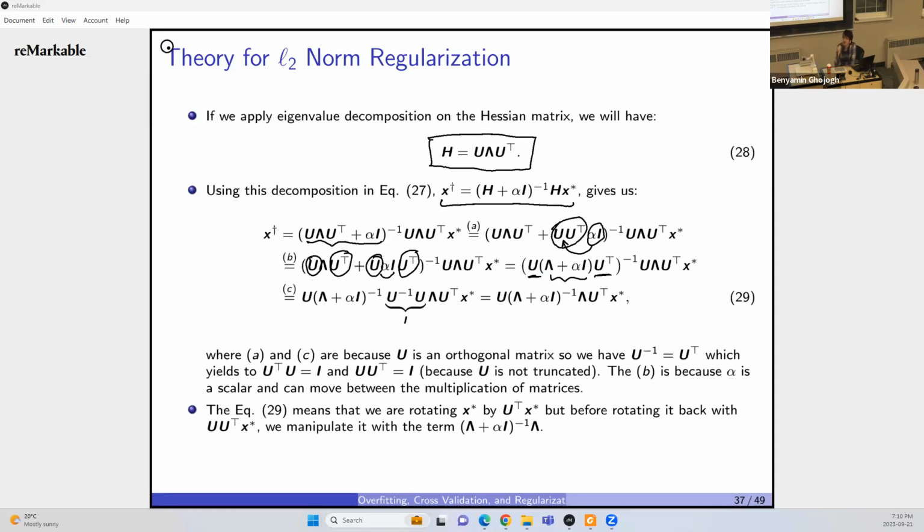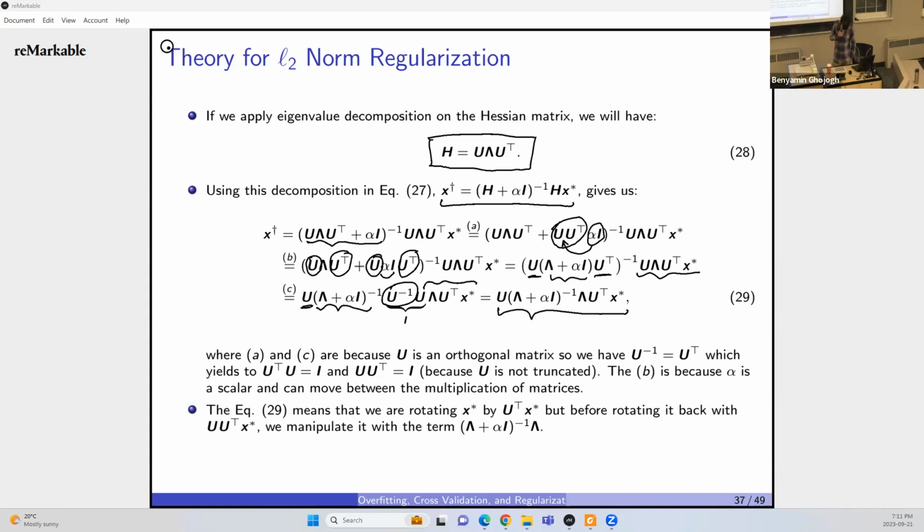So U transpose inverse is U inverse inverse, so it's U. Then this term inverse, then U inverse. Then the rest of the terms are here. Interestingly, in the middle, we have U inverse U, which is identity, so it goes away and it simplifies to this. Agreed? Yeah, sure.